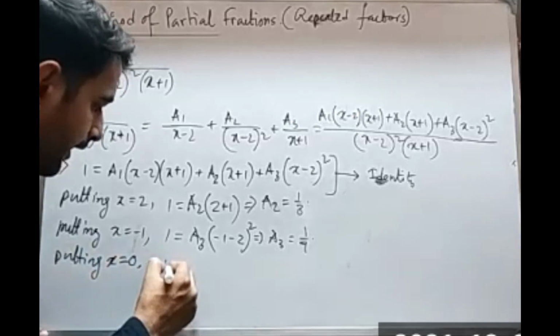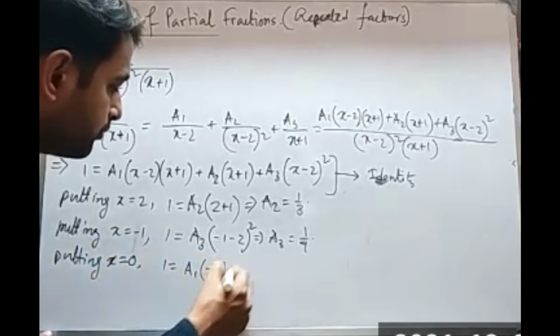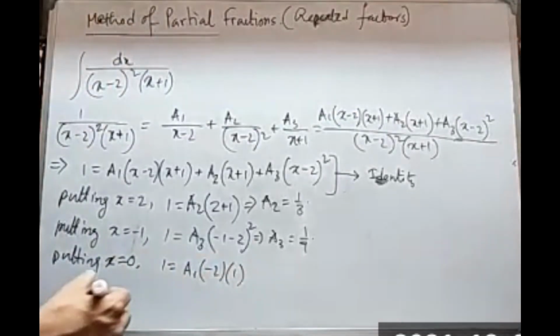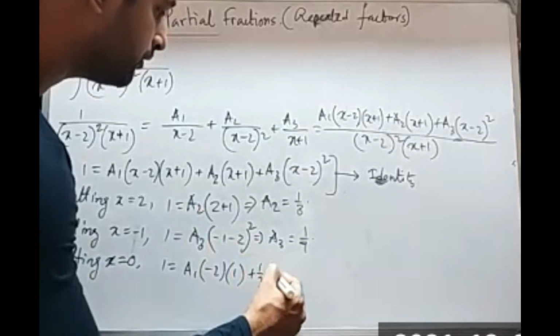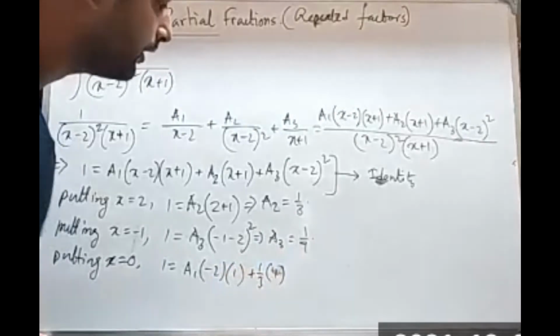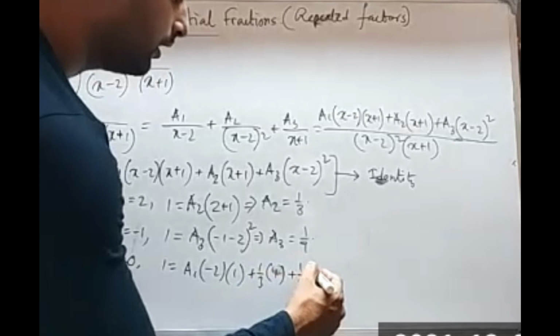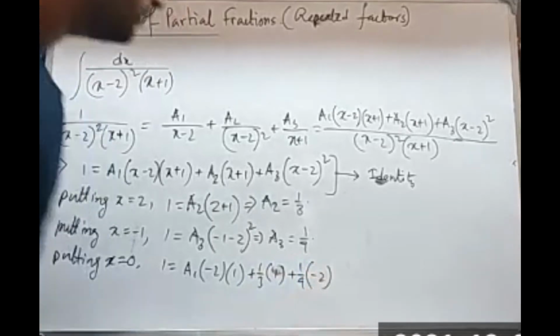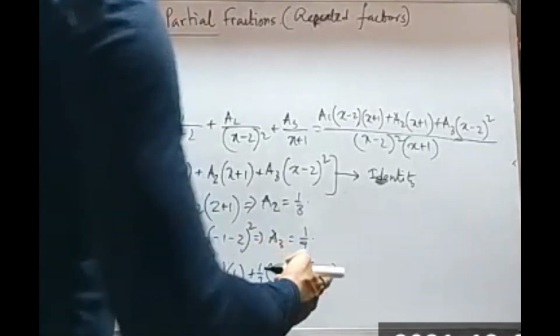So here we can write 1 is equal to A1 into minus 2 into 1 plus A2, which we have already found. So it is 1 by 3 into 1 only. And for A3 also, minus 2 square, that means it is 4 by 9.